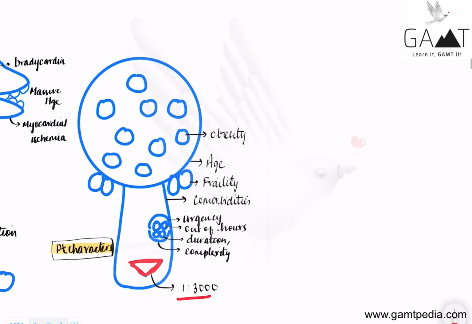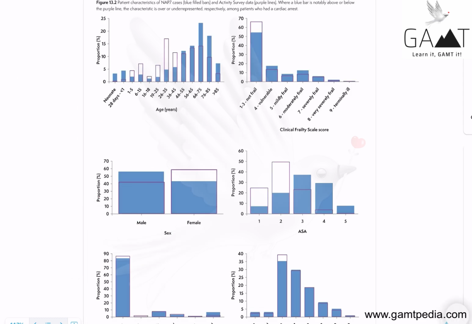Next, we're coming into the patient characteristics. Again, they used the activity survey, extrapolated the data, and superimposed the mortality data according to the age group. When they did that, they found this particular group of patients were overrepresented in the cardiac arrest category. The purple lines here are the proportion of the total number of cases in a year in that particular segment.